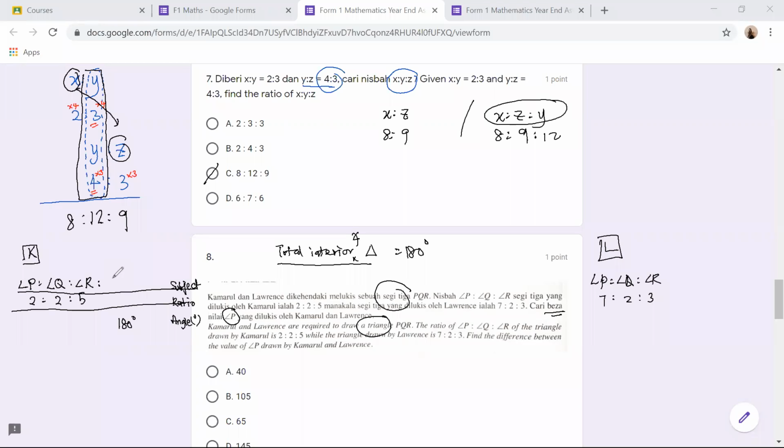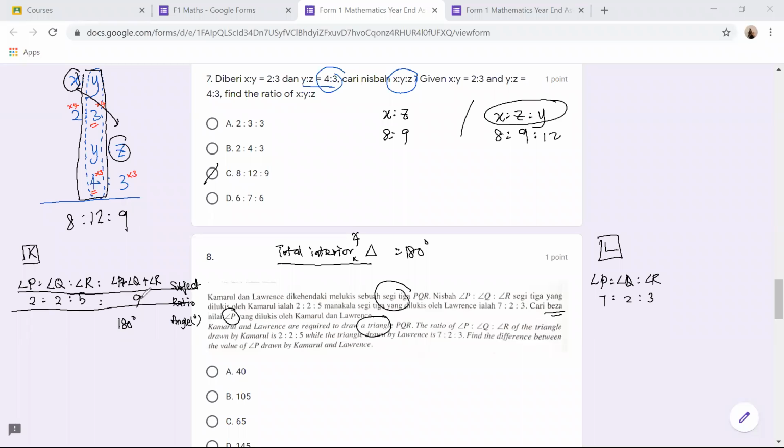This 180 degrees is basically angle P plus angle Q plus angle R. That's why we need to have the subject, the title part, and then the ratio part and the angle part. If the title says you add all 3, the ratio you also add all 3, so you get 9 parts. 9 parts represent 180.